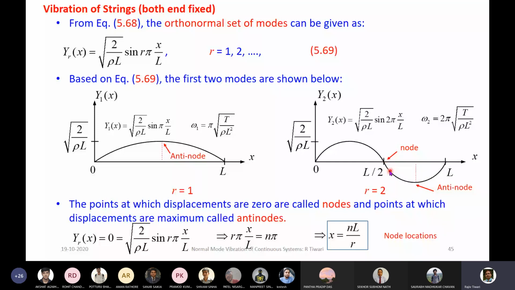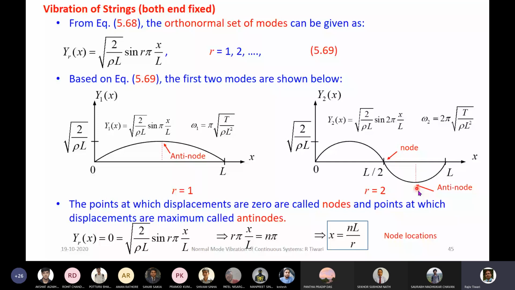In the other extreme, it will come to this side, and this point remains the same. This is called a node, where the displacement in between the supports is 0 all the time during motion, and the maximum displacement location is called an antinode.